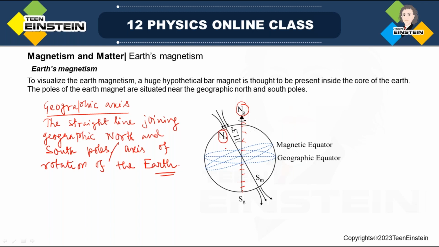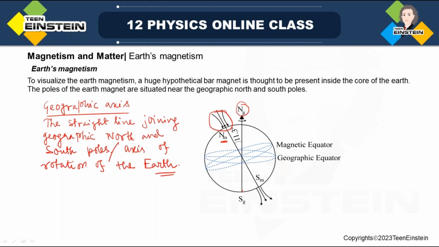So there is always an angle between geographic axis and magnetic axis. So magnetic, if this is the bar magnet, this is north pole, this is south pole. Here obviously we are just writing north pole for this one, but this is not north pole exactly. You will see the field lines are entering into the earth at this particular position.